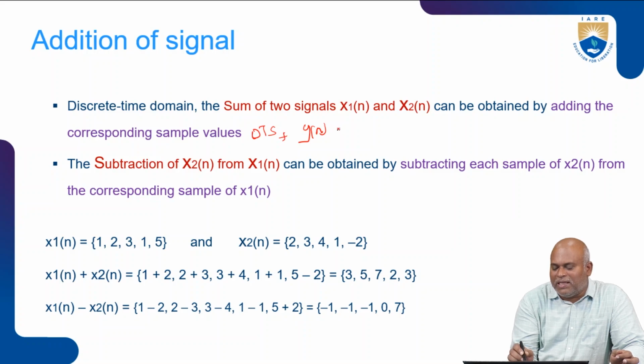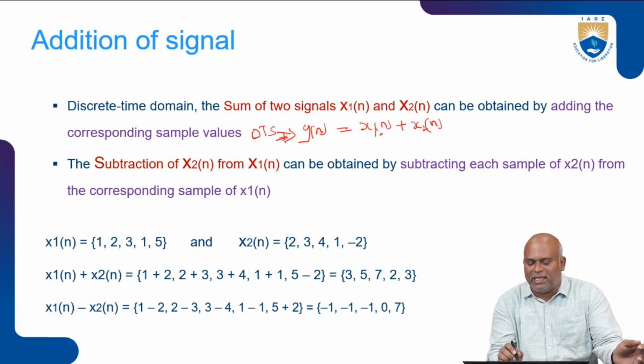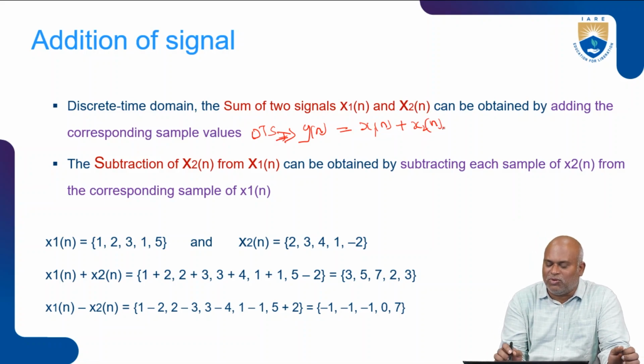For example, I write y of n equal to x1 of n plus x2 of n. The amplitude present in x1 of n at position n will be added with that of x2 of n. This is called addition.